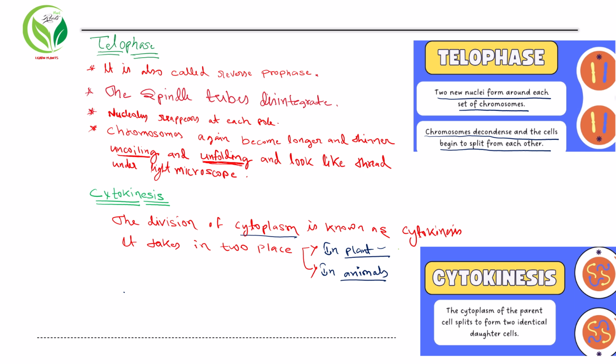And in animal cells, cytokinesis is through formation of a cleavage furrow, or constriction. In plants, a cleavage furrow is not possible due to the presence of a rigid cell wall, but in animals, a cleavage furrow is possible.